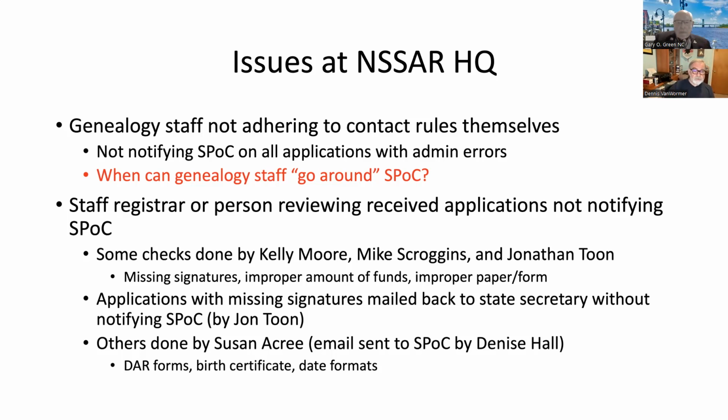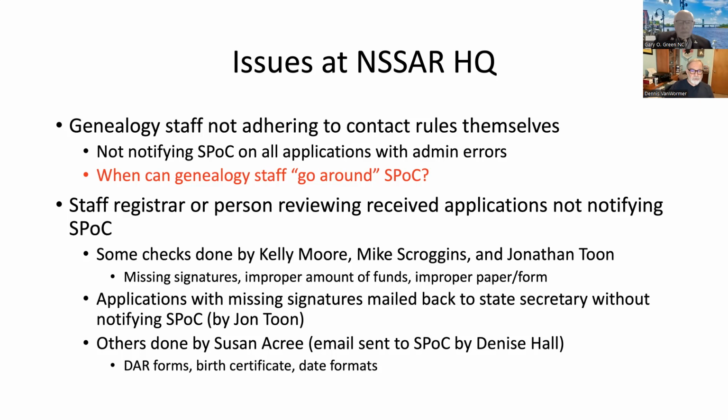Some of the checks are done by Kelly Moore, who, as I understand it, is generally the person who receives and opens the mail. Also Mike Scroggins and Jonathan Toon. They check for Michigan's missing signatures, improper amount of funds, and problems with the paper or form. Applications with missing signatures then get mailed back to the state secretary by John Toon, but without necessarily notifying the SPoC, at least in my case, because I'm not the state secretary.